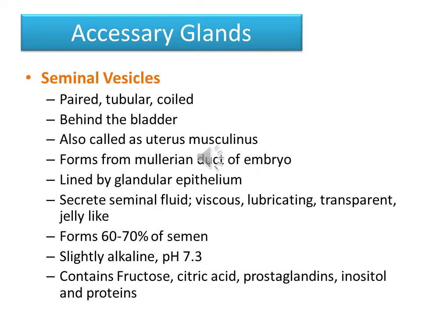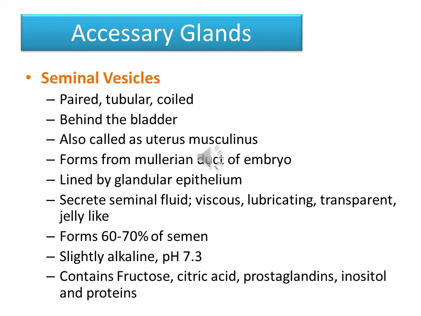Now, seminal vesicles secrete a fluid that is known as seminal fluid. Fine. This is viscous, lubricating, transparent, jelly-like fluid. It forms about 60 to 70% part of semen. It is slightly alkaline with pH of 7.3.